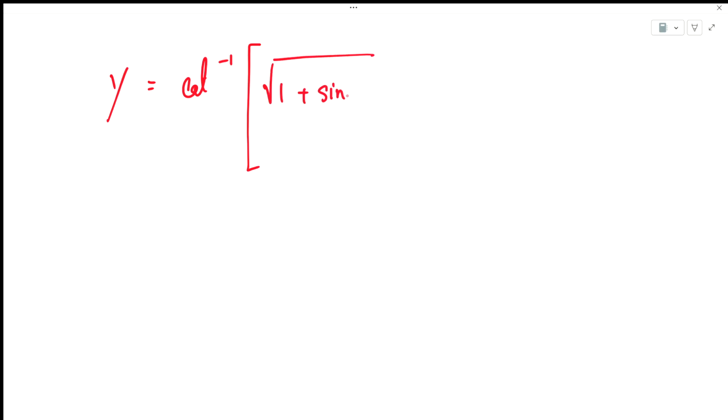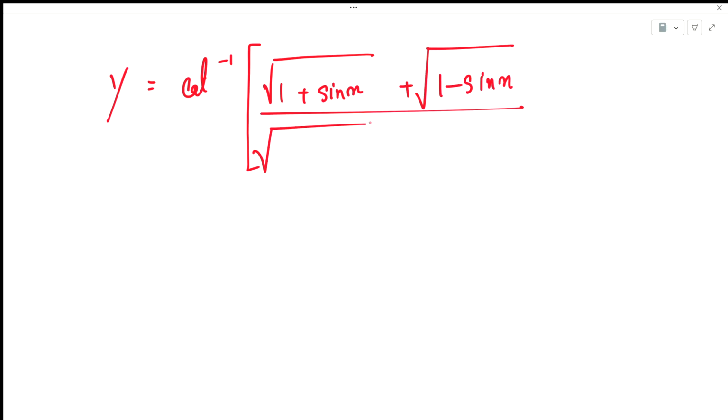So the next question I have is, this question is there in the NCERT textbook as well. y equal to cot inverse of square root of 1 plus sin x plus square root of 1 minus sin x upon square root of 1 plus sin x minus square root of 1 minus sin x.